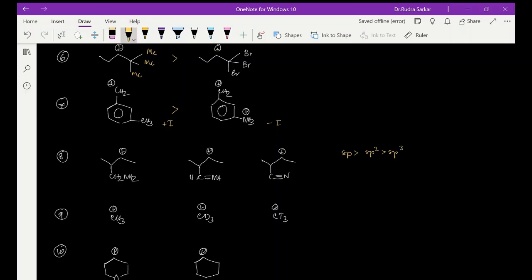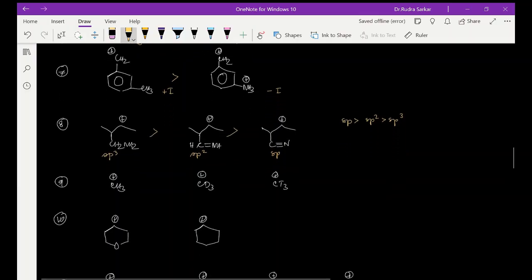Now if you check, the C triple bond N carbon is sp, C double bond NH is sp2, and the CH2NH2 is sp3. That way, the more the electron withdrawing power of the carbon, the more it will destabilize the carbocation. So the most stable carbocation will be the first one, followed by the second, and followed by the third.